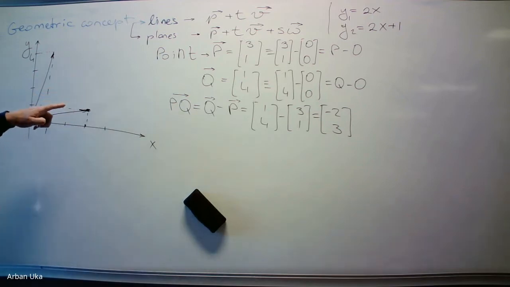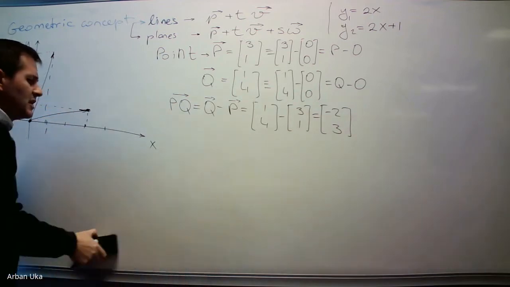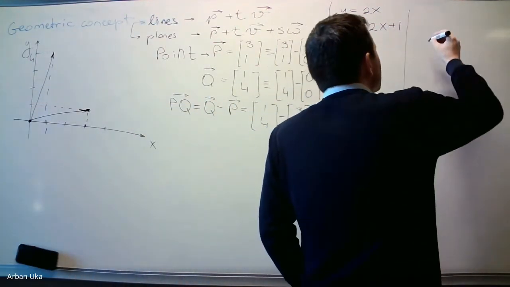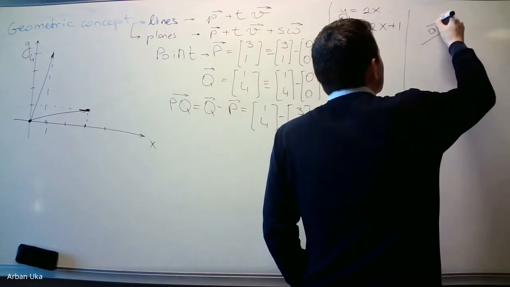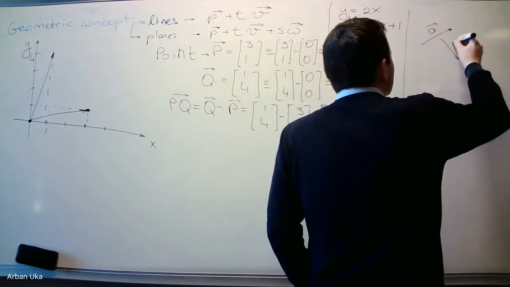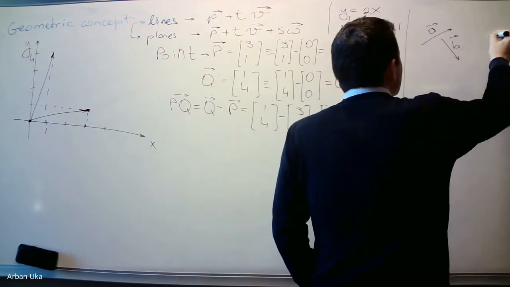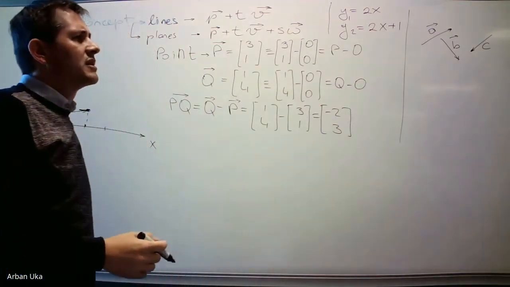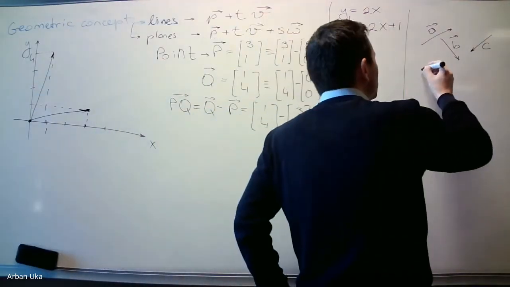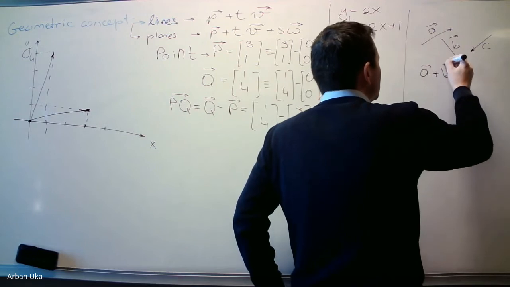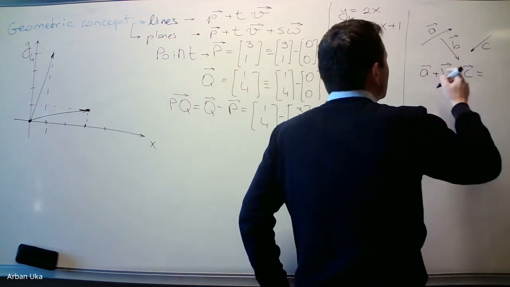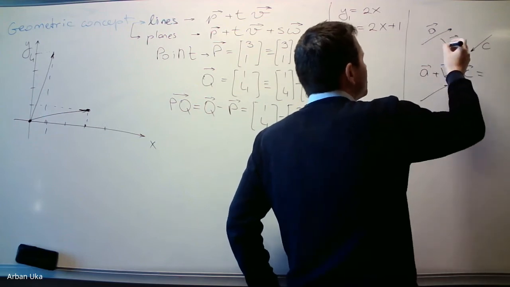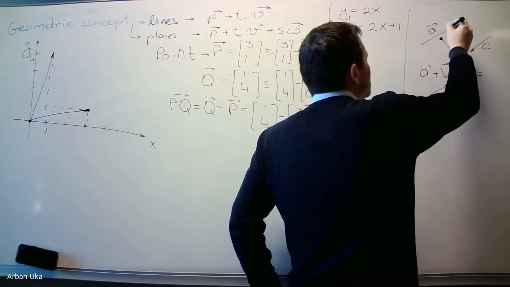Now let's have a look here. What is Q minus P? Whenever we have vectors, the way that we add and subtract vectors goes like this. Let's say this is vector A, this is vector B, and this is vector C. If we want to add these vectors, A plus B plus C is the following: A is this, and B, we just bring the end of this vector to the tip of the other vector.